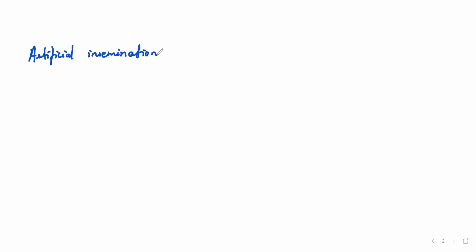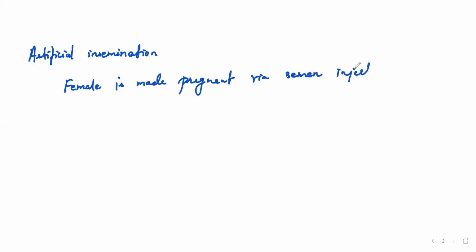So artificial, in the name itself, it's there. Naturally, that process is not going to take place. Artificially, we'll do it under sterile conditions. So here, basically a female is made pregnant through semen injection into the vagina.